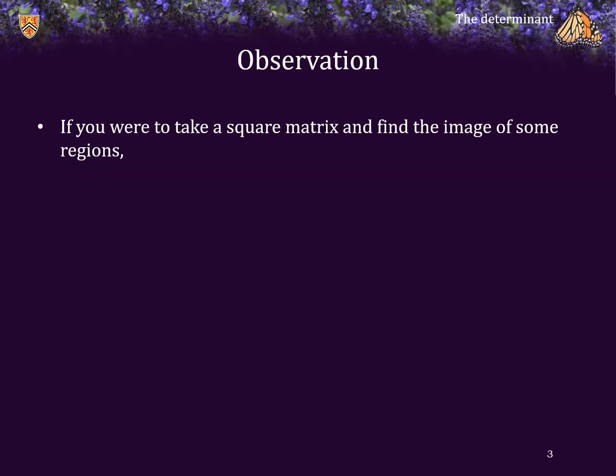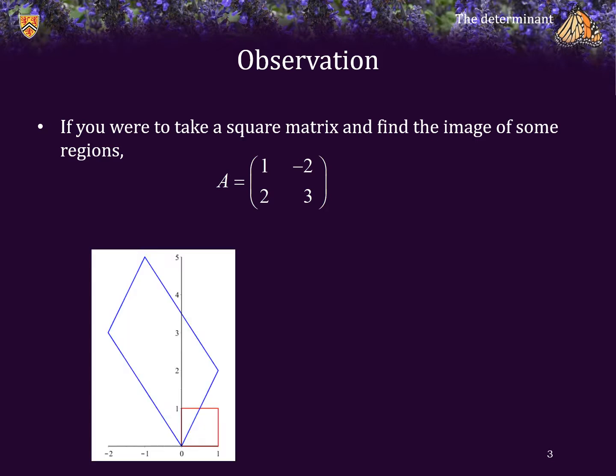Now, let's start with an observation. If we take a square matrix and find the image of a number of regions, for example, let's take this matrix here, 1, -2, 2, 3. Here I start with the region that is the red square.